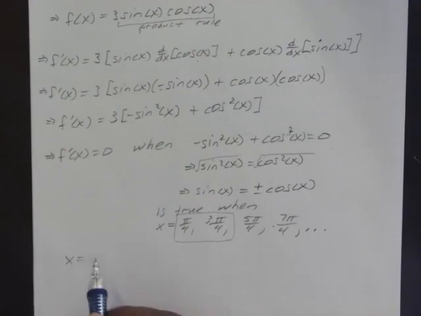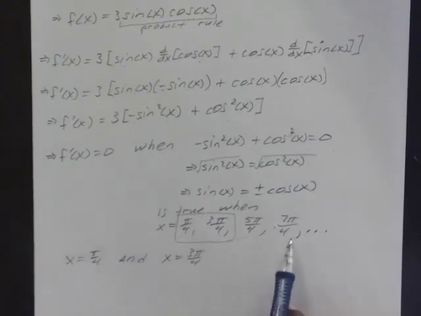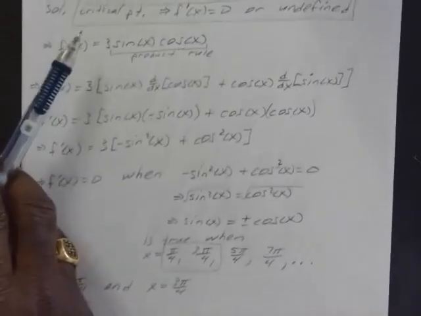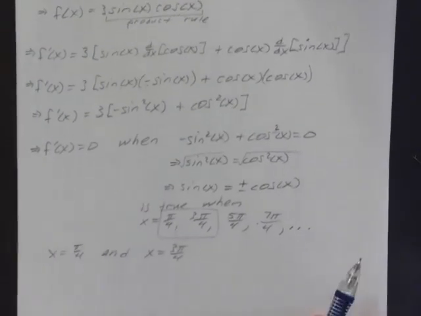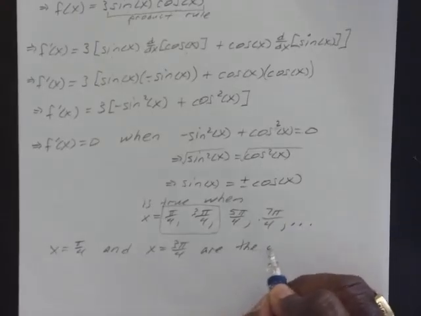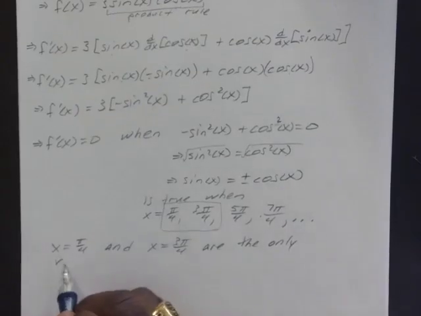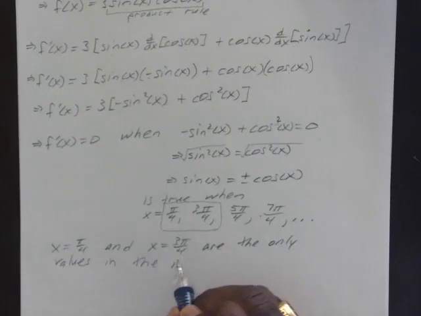So we know x equals pi over 4 and x equals 3 pi over 4 are the only values in the interval.